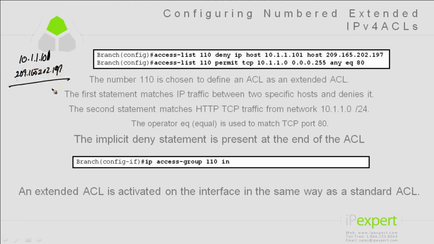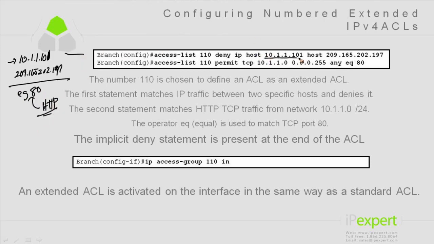But I wanted every other device in my infrastructure, so anything that's not 10.1.1.101, to be able to access anything as long as it's trying to reach port 80. Port 80 means HTTP, so web browsing. So that's exactly what we have here.